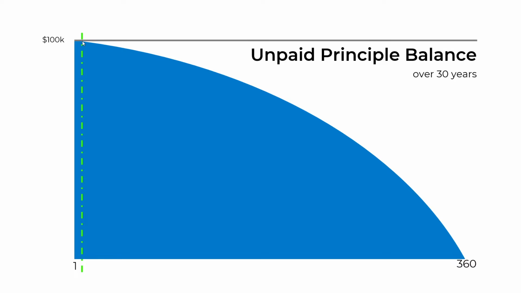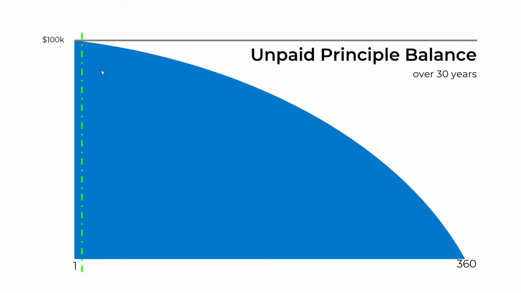So even if the property value drops immediately after purchasing the note, you still have a borrower that's obligated to pay the full unpaid balance. So there's not a lot of risk there per se.